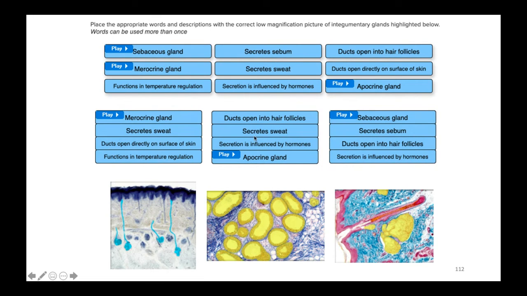Now here in the highlighted section, the duct opens into the hair follicle. Sudoriferous glands are going to secrete sweat. Secretion is influenced by hormones, and it's an apocrine gland. Then over here, we have our sebaceous gland or the oil gland, which secretes sebum. The duct opens into the hair follicle, and the secretion is also influenced by hormones.